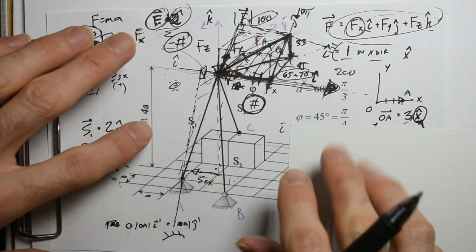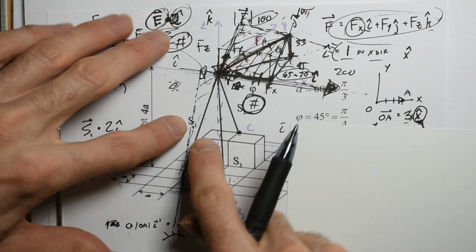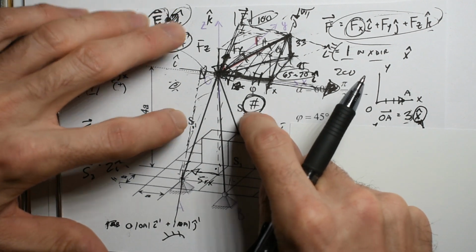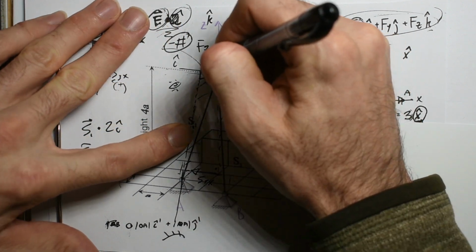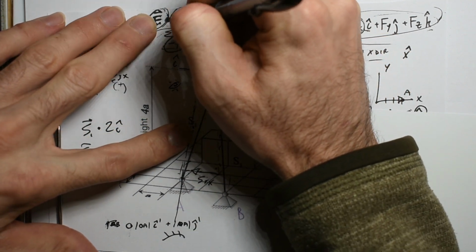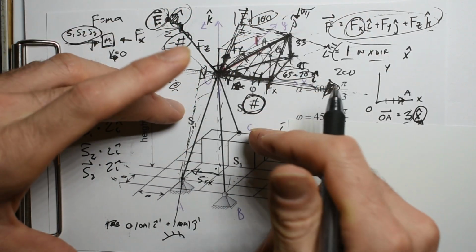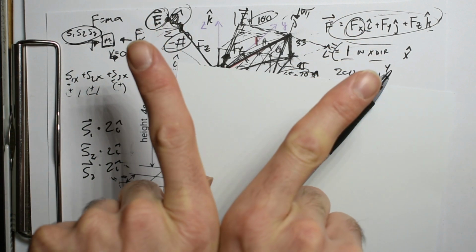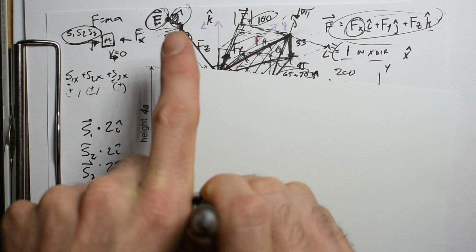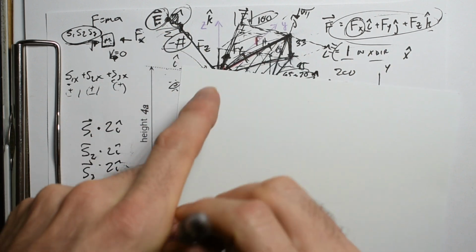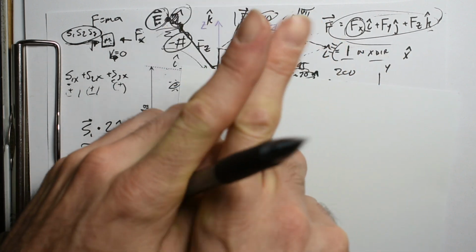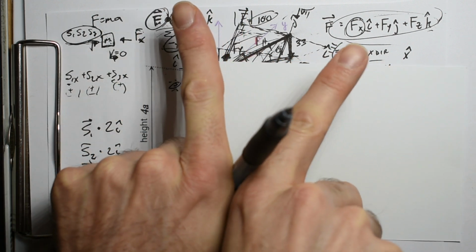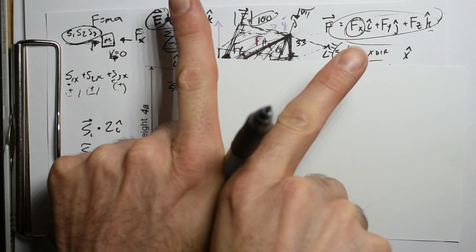But here was the solution: if you had S1 cross S2, what you get is a perpendicular vector, perpendicular to both S1 and S2. So by crossing those two vectors together, I get a perpendicular, so this pen is the perpendicular vector. That's the definition of crossing.